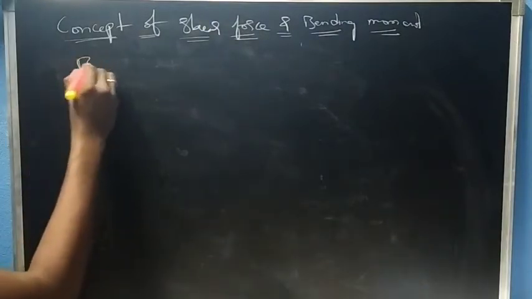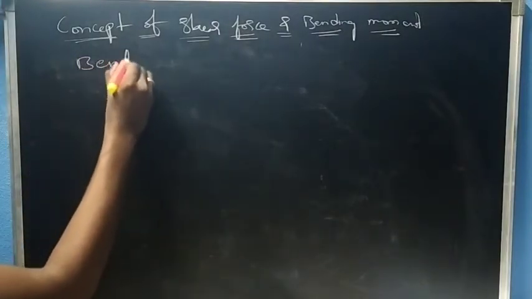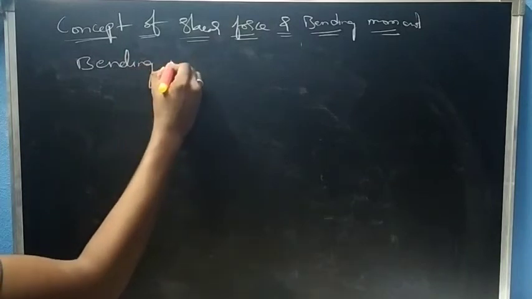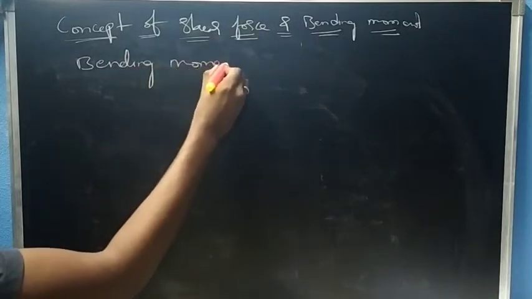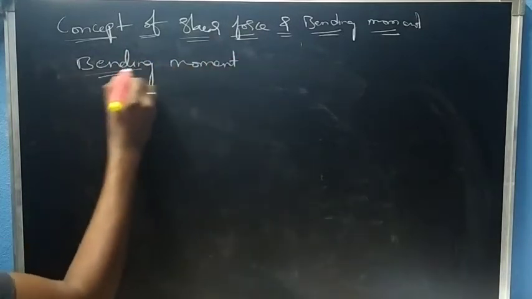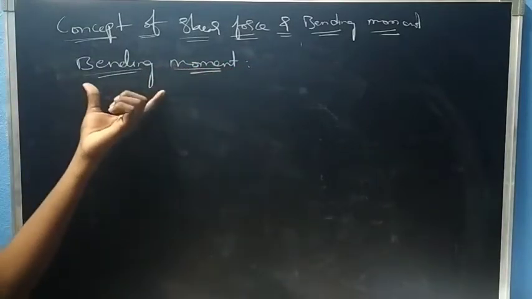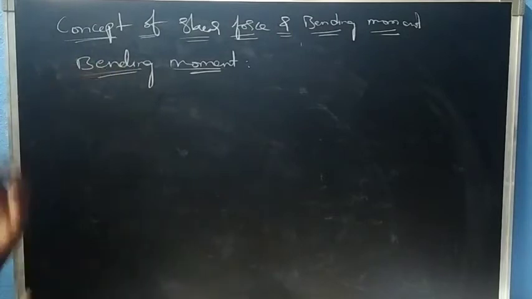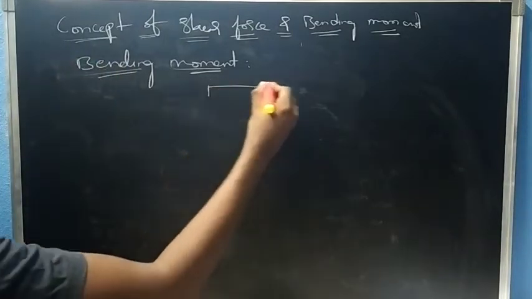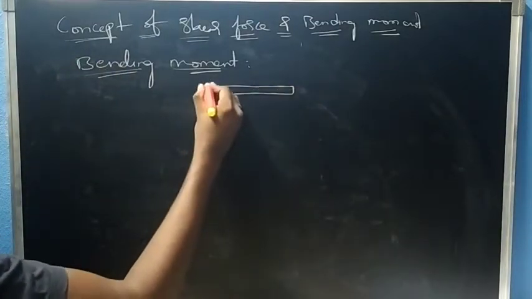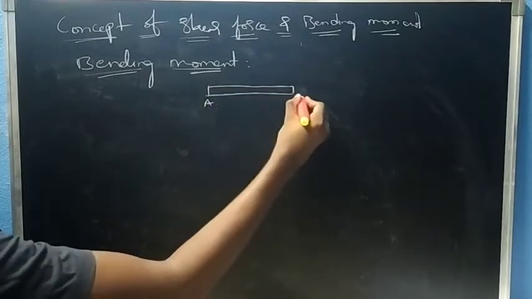Bending moment. So how do you define bending moment? The bending moment at any cross section or any section of a beam, let's say AB.